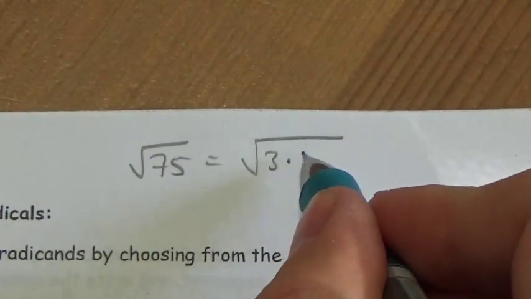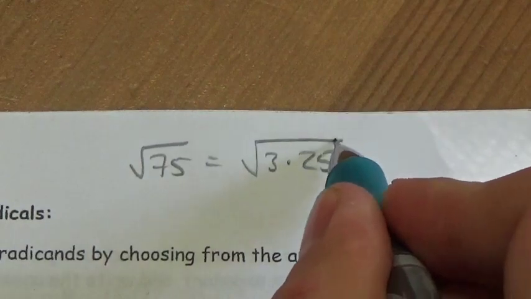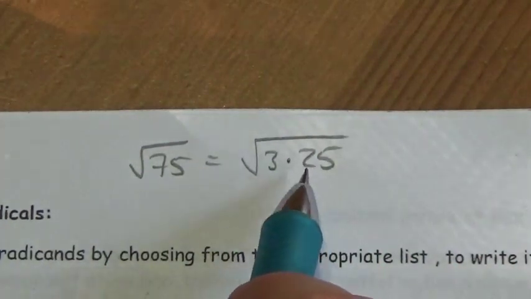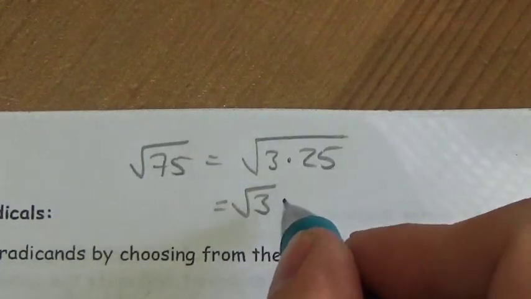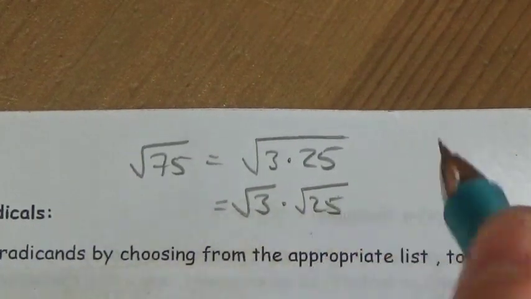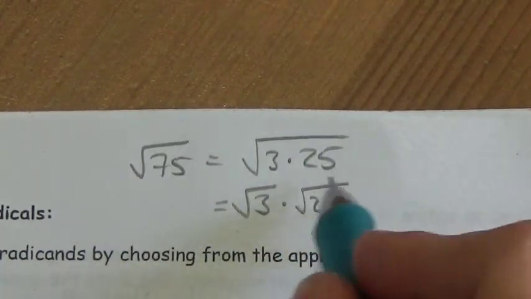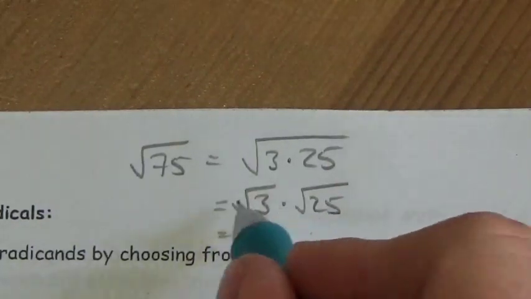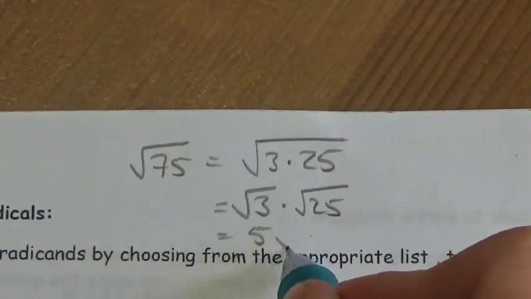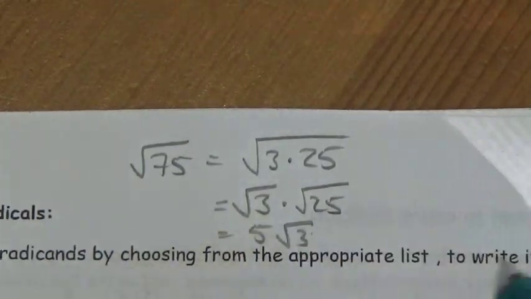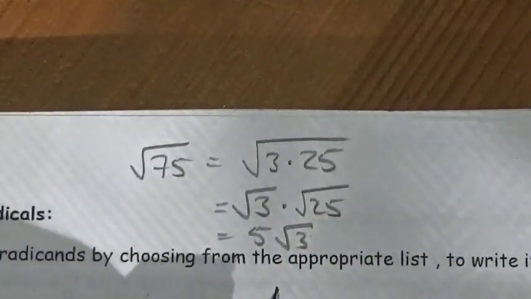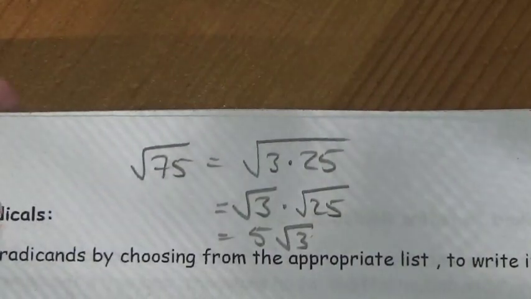And if you do that, that's going to leave you with 3 times 25. Well, I recognize that 25 is a perfect square. So this becomes root 3 times root 25. And I know that the square root of 25 is 5. And now, just to make this look better, I'll write that 5 out front. And it's 5 multiplied by the square root of 3. That would be the simplified form of root 75.